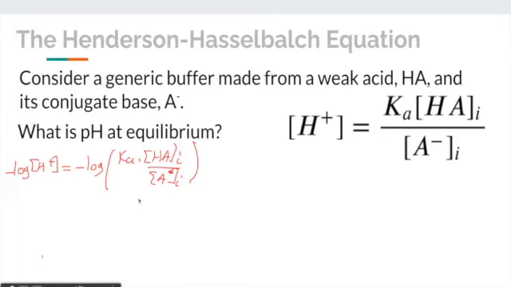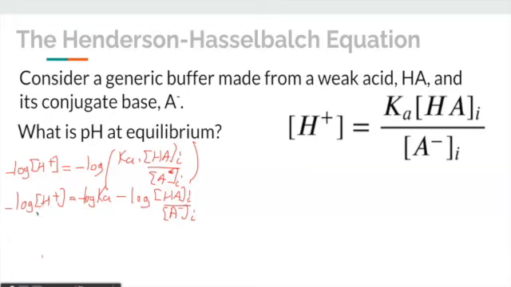But when you take the log of a product, that's the same as taking the sum of the logs of the two things that you're multiplying. So we could rewrite this. We could say negative base 10 logarithm of H+ equals negative base 10 log of Ka minus the base 10 log of concentration of HA initial divided by the concentration of A- initial.